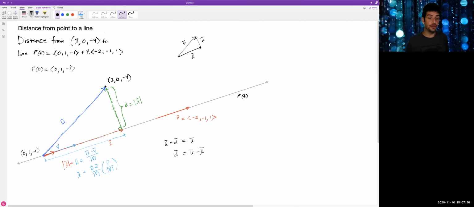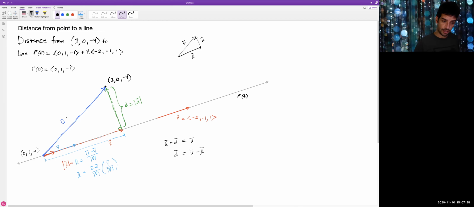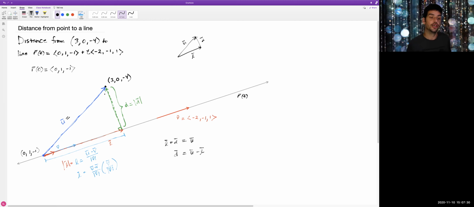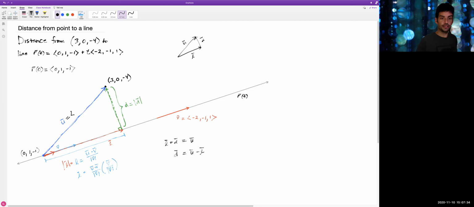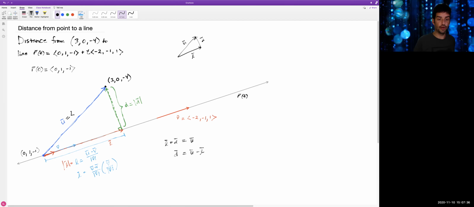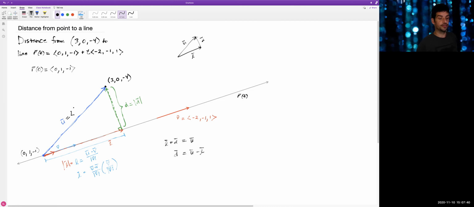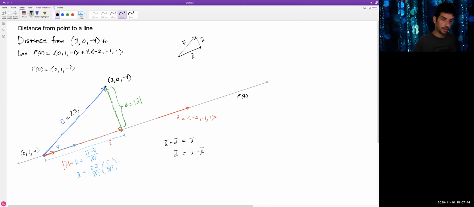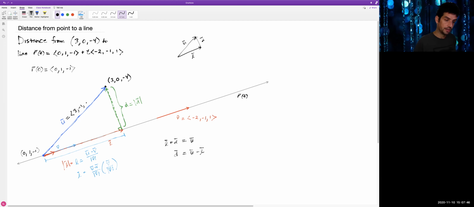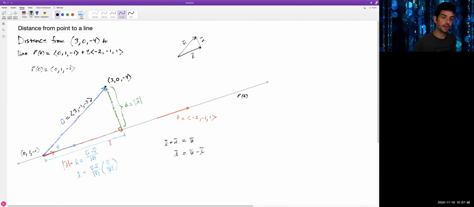So this means u, we can now figure it out. We know how to find vectors between two points. I'm going to take the point (3, 0, 4) and subtract the components of (0, 1, -1). So this is the vector (3, -1, 5).